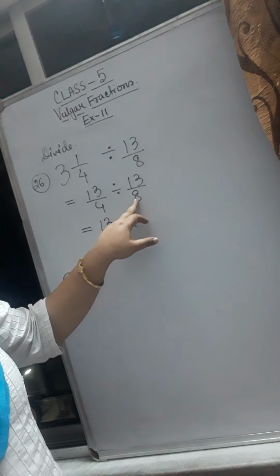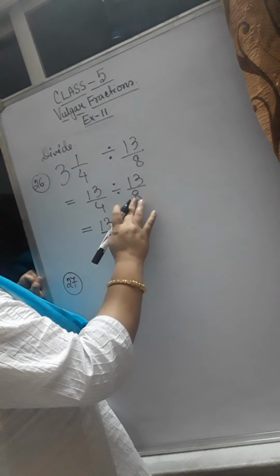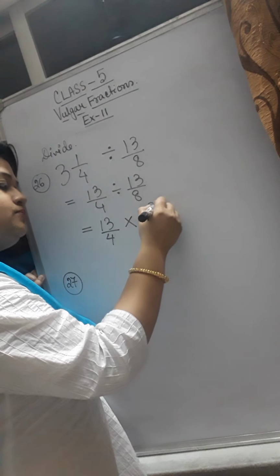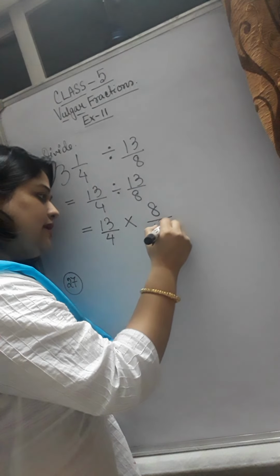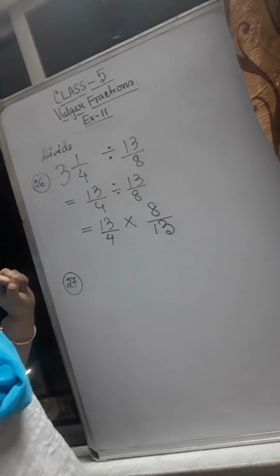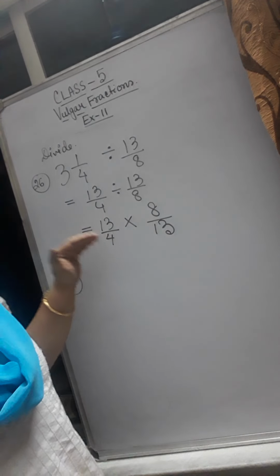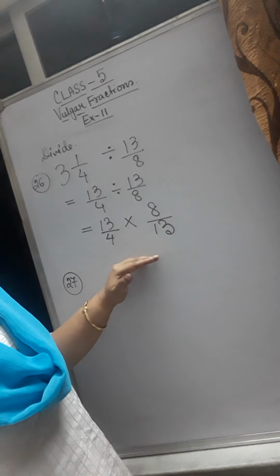Reciprocal means opposite. The denominator becomes the numerator, that is, 8 is the denominator, it will become the numerator, and the numerator becomes the denominator. So only this step is extra in division. After that it is just multiplication, which you have done before.